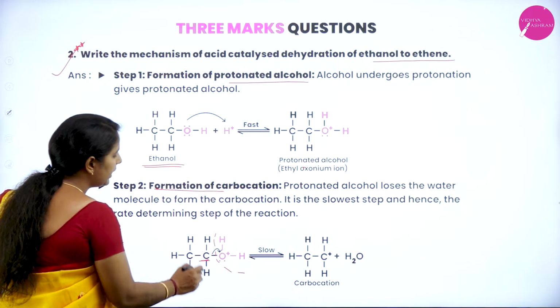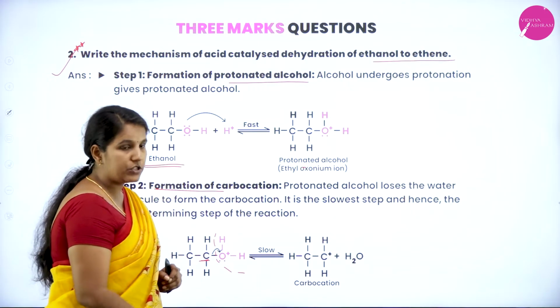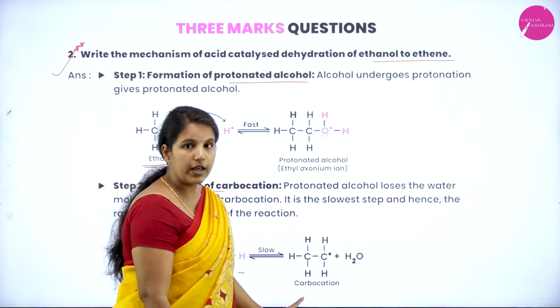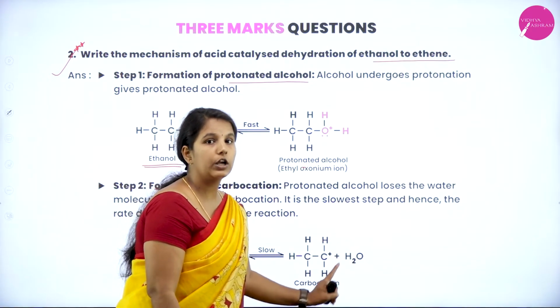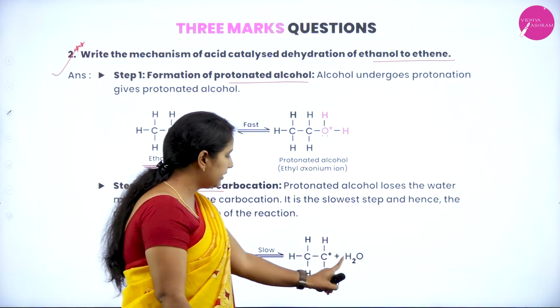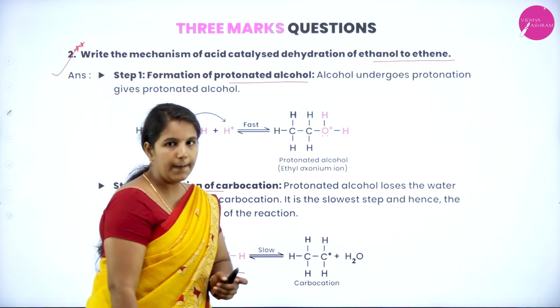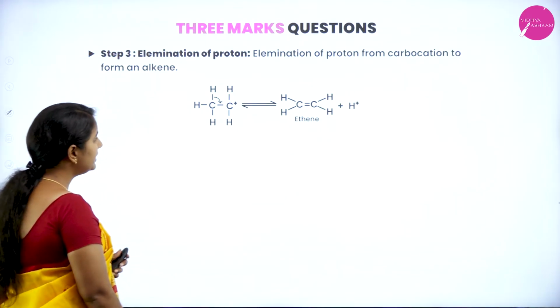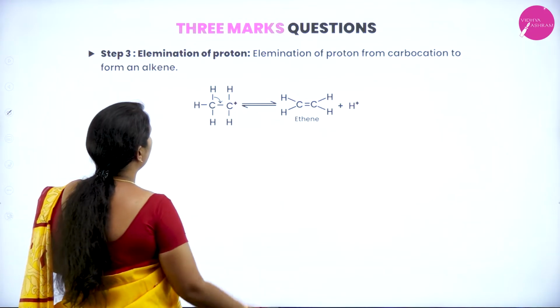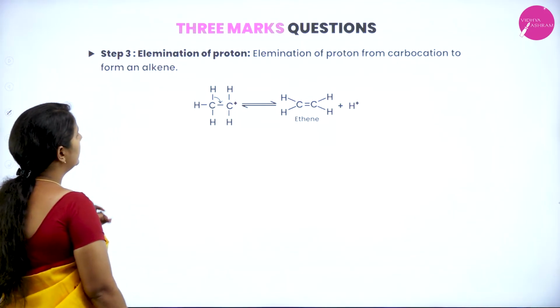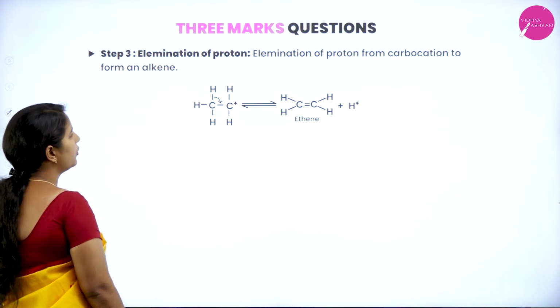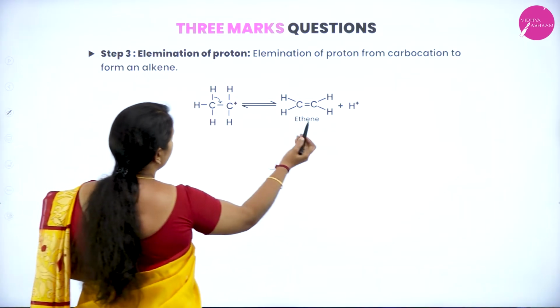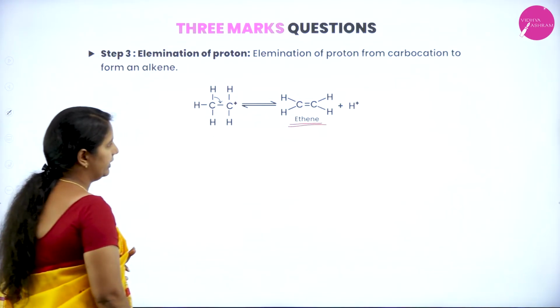Thereby, the second carbon atom will get the positive charge, and hence it is known as the carbocation formation step. You can see that it leaves the water and thereby gets a positive charge. In the third step, between the 2 carbon atoms, the elimination of one of the protons takes place. Thereby, you get ethene.